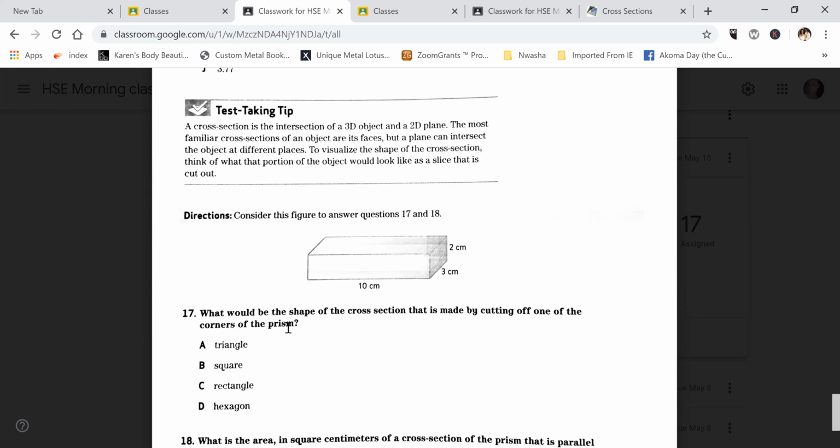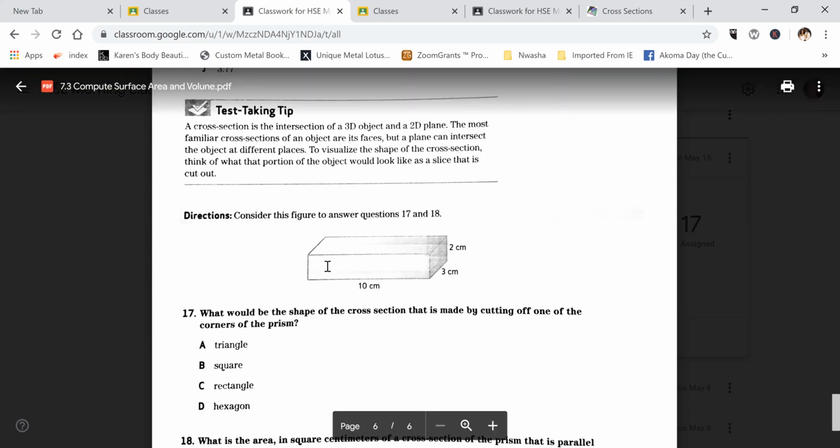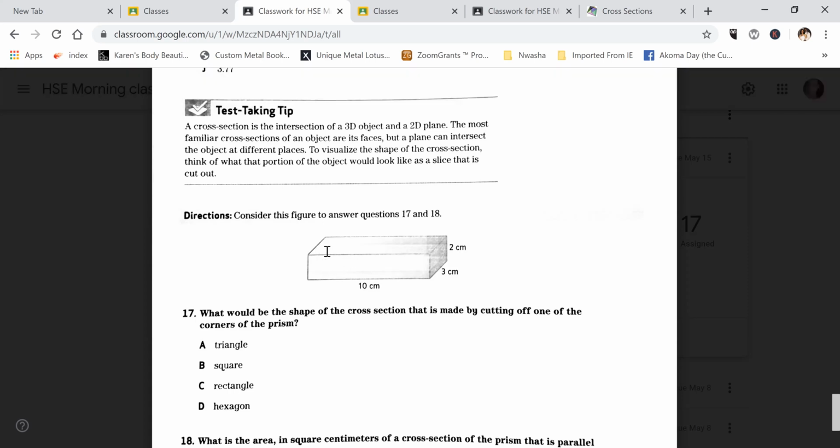It'd be a triangle. Right, it'd be a triangle, right? So if you cut maybe like right here, just cut this corner off, you're going to have a triangle. Okay. So now this is you holding it in your imagination, and you're also looking at the other ones. Once you cut it, it's not a square. It's not a rectangle.